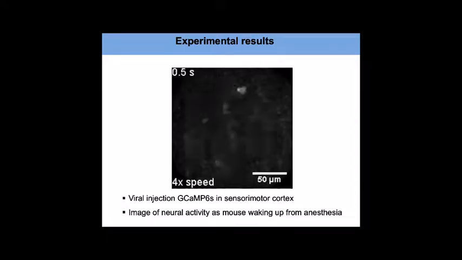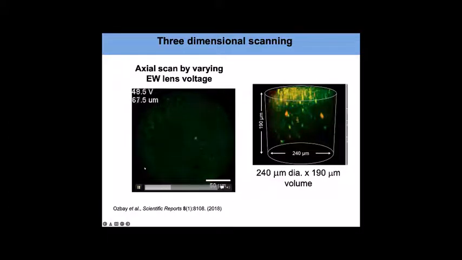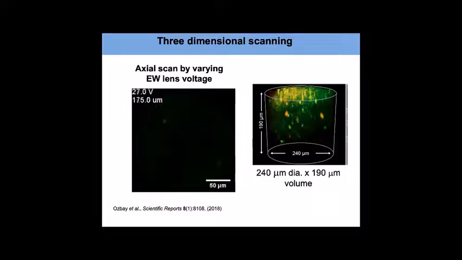And because we have that electrowetting lens in there, we can actually scan through the sample about 200 microns. And so that allows us to visualize different structures.